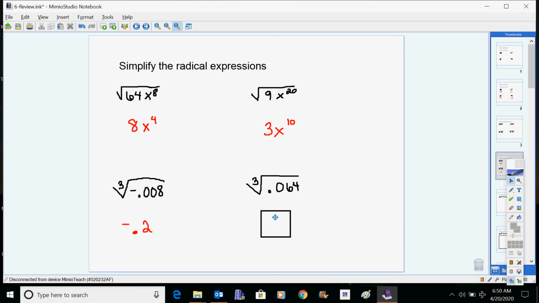0.064, you might need to think about numbers a little bit. You might try 2, but 2 times 2 times 2 is 8. If you try 4, you get 64.